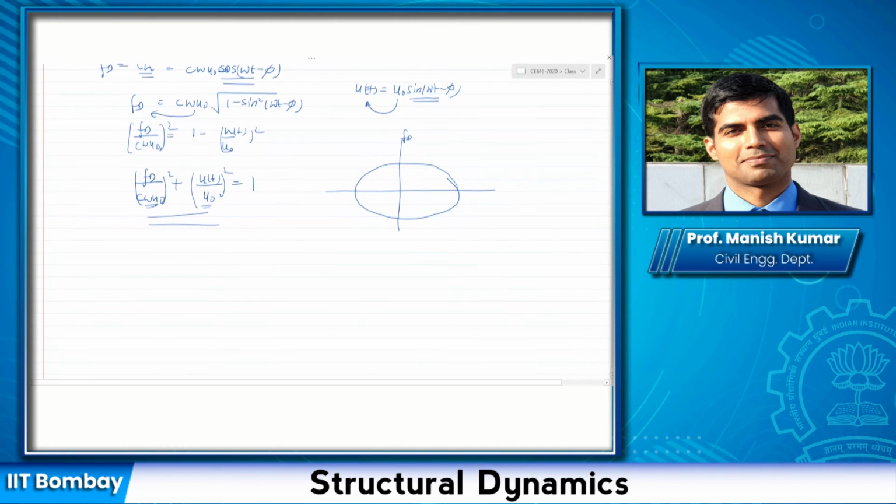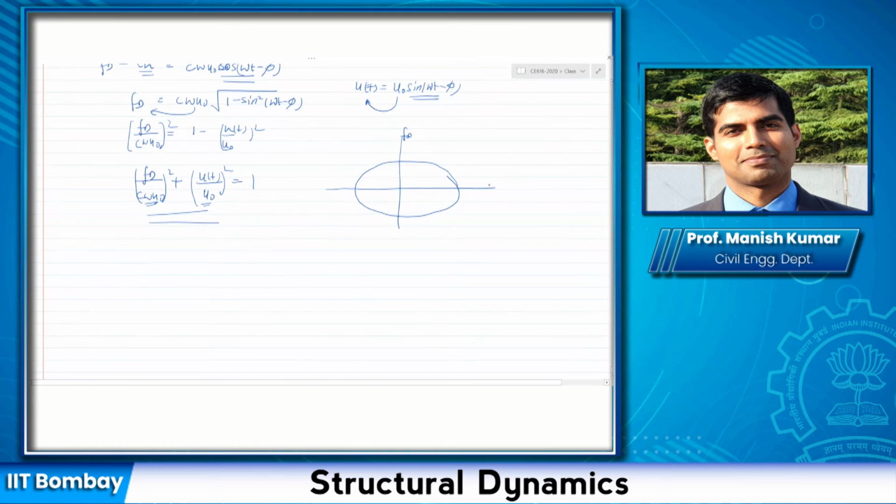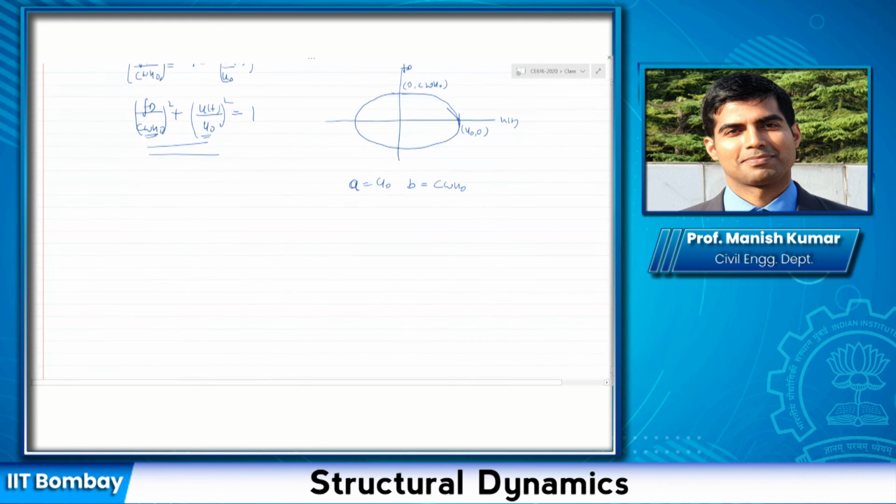So if I draw the damping force on the vertical axis and the displacement on the horizontal axis, the intercepts are u naught and c omega u naught. So A is u naught for this ellipse and B is c omega u naught. So the damping force varies like this as a function of displacement.